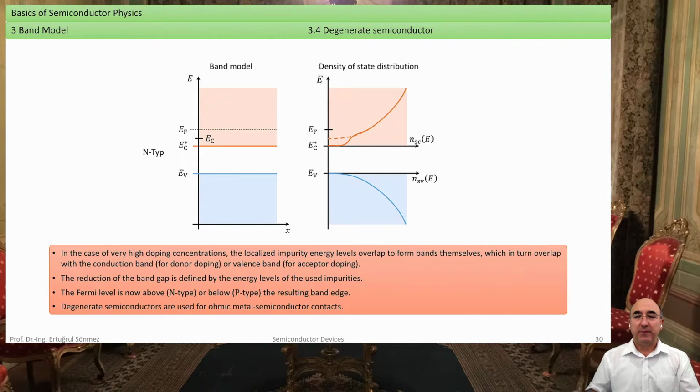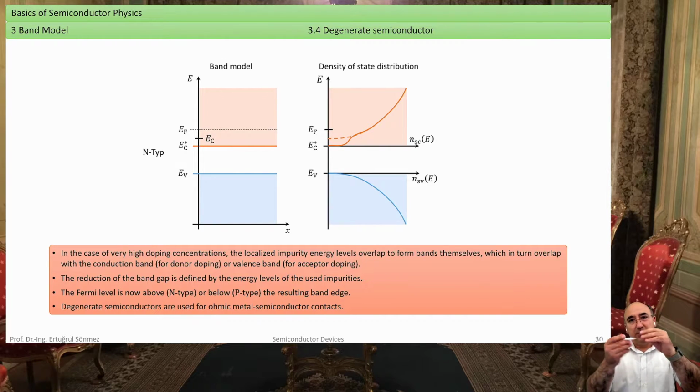What does that mean? The semiconductor has, although you have no temperature, free electrons all the time. That's the case in the metal. You lower the temperature, you have free electrons. You go down to zero, you have free electrons. It is conductive.